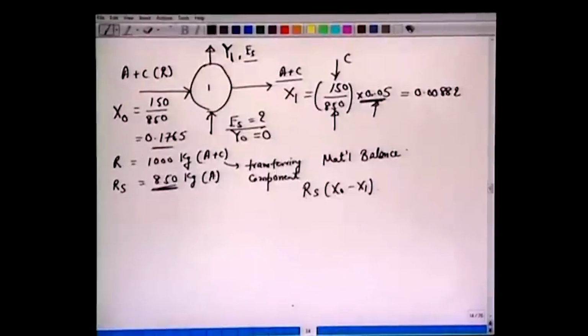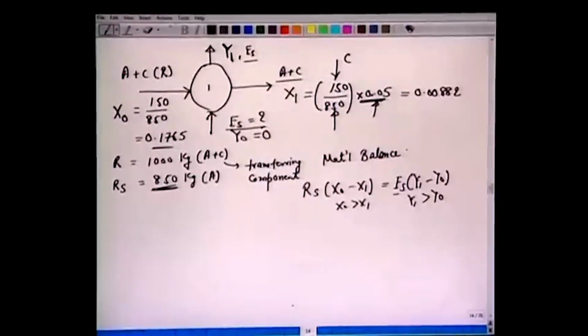This is what is removed, C, and it is gained in the second phase, ES, Y1 minus Y0. Note here x0 is greater than x1 and Y1 is greater than Y0, because this phase picks up the transferring or diffusing component C here.